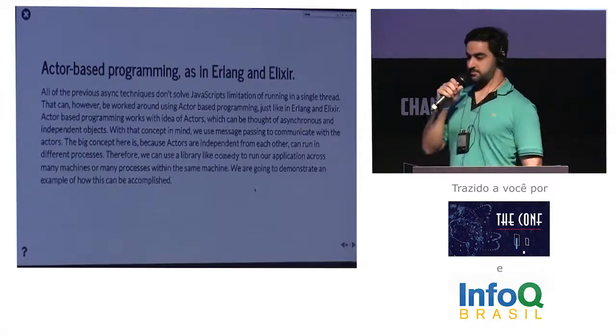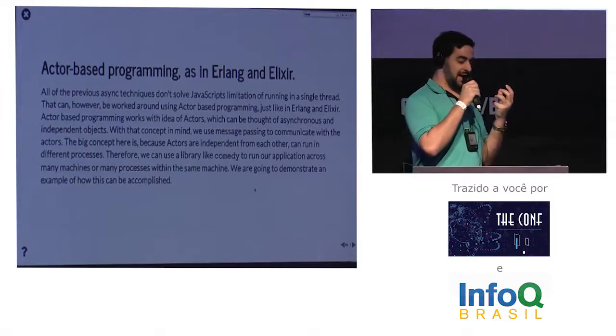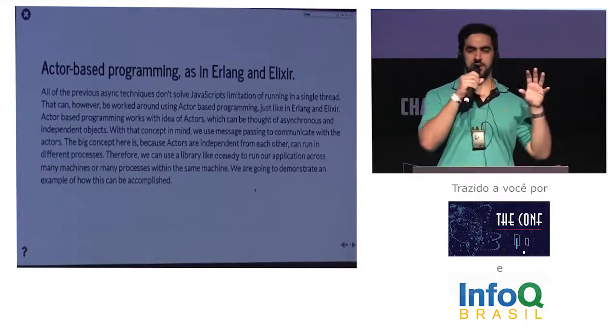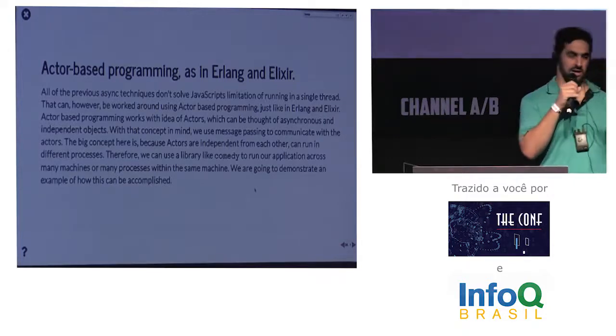So actor-based programming has a concept in which you imagine actors, or you can think of them sort of like objects in object-oriented programming, with the upside that each object is completely isolated from the others.